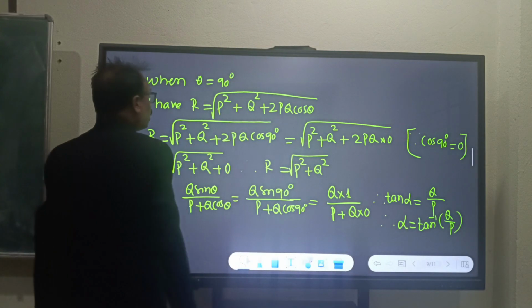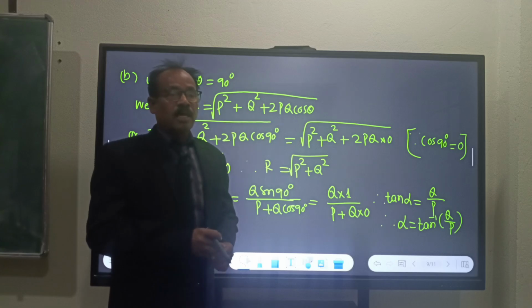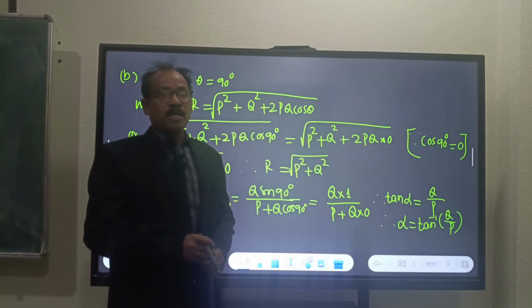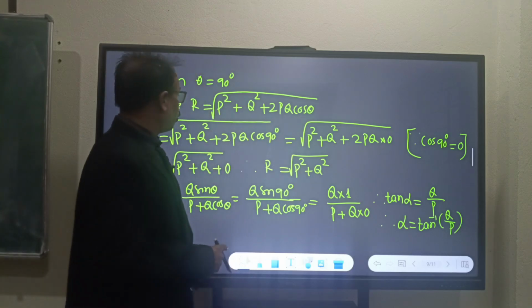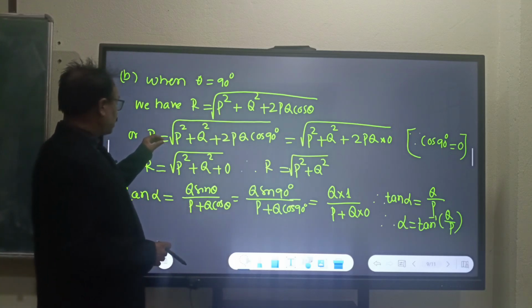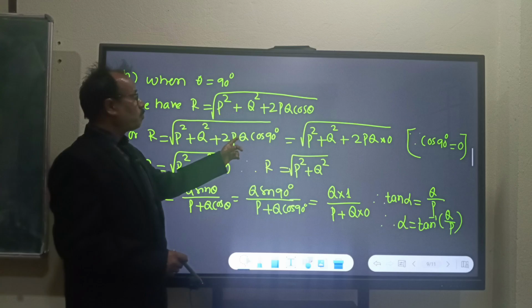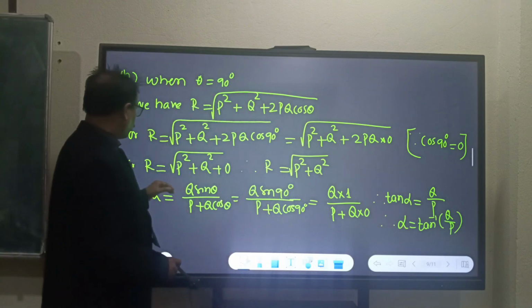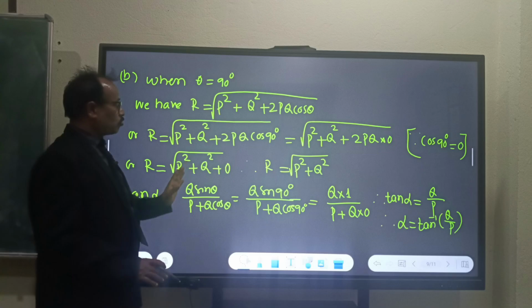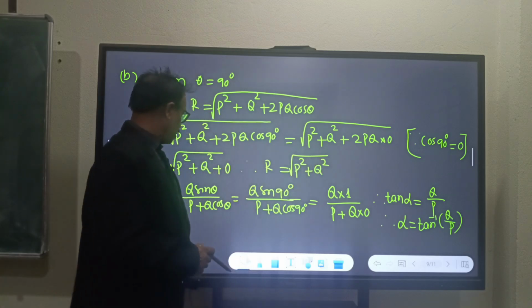Then, second condition, when theta is equal to 90 degrees. You know that R is equal to root over P square plus Q square plus 2PQ cos theta. Since cos 90 is equal to 0, R is equal to root over P square plus Q square plus 2PQ cos 90, that is 0. Therefore, R is equal to root over P square plus Q square.